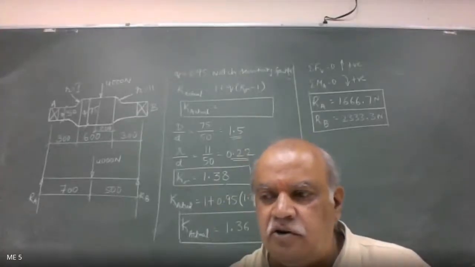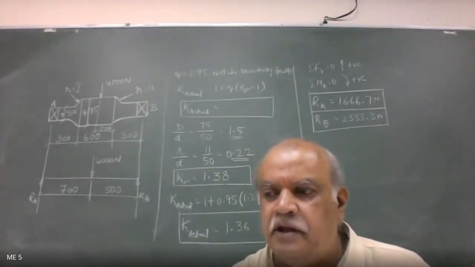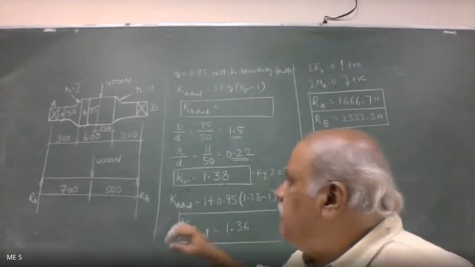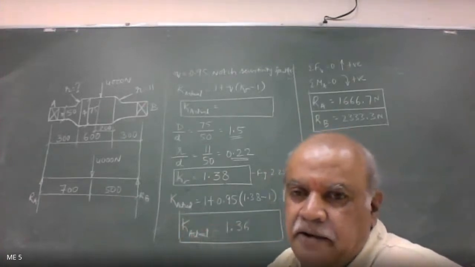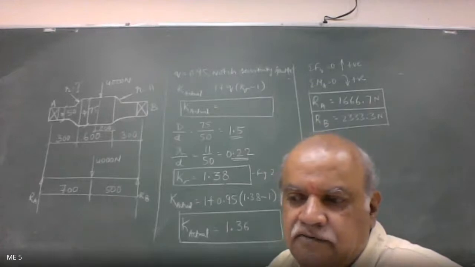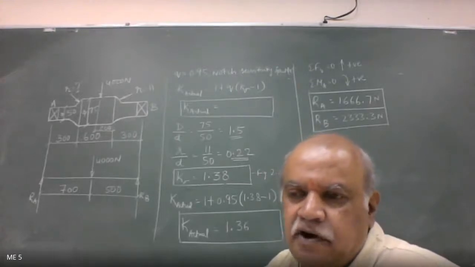So we'll be using the K actual for the left side also or not? See, we have to use K actual only from now on. Once we use K actual, 1.36, over here, you will get sigma max. On the left hand side, for that sigma max you will get some value of K sigma.